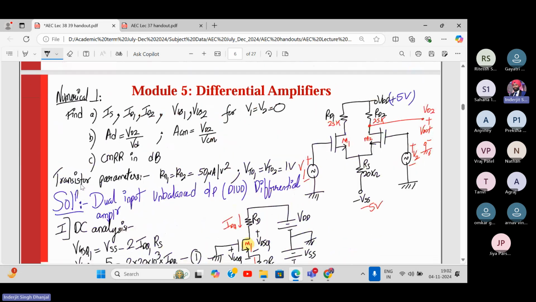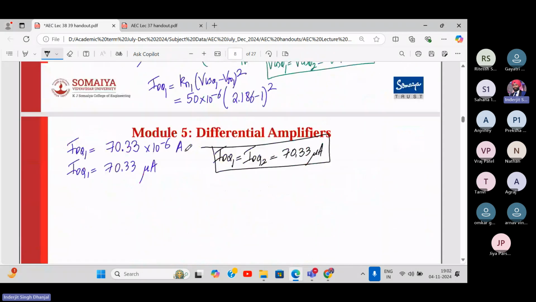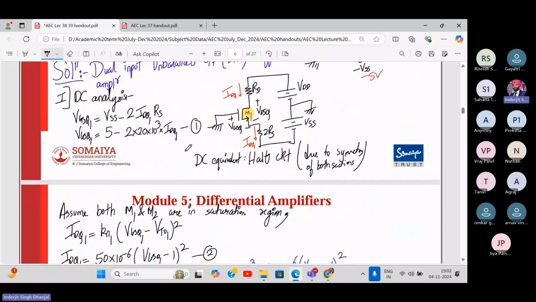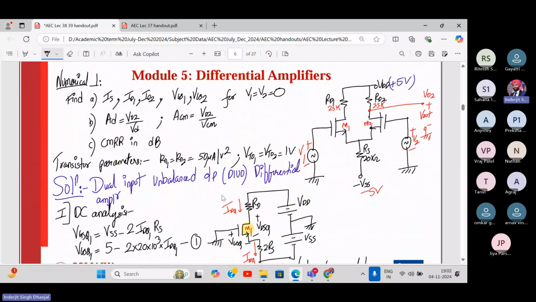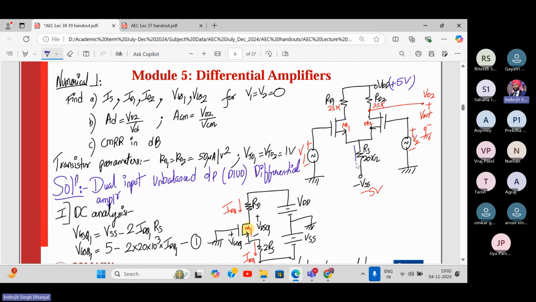So here we are supposed to find VGSQ1 and VGS2 for V1, V2 equal to 0. That means for DC analysis. We also need to find IS. Now, how to find IS in this diagram? See, basically IS is ID1 plus ID2, correct? So we just have to add the two currents.